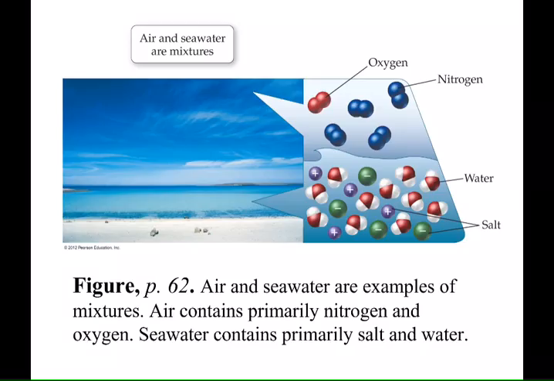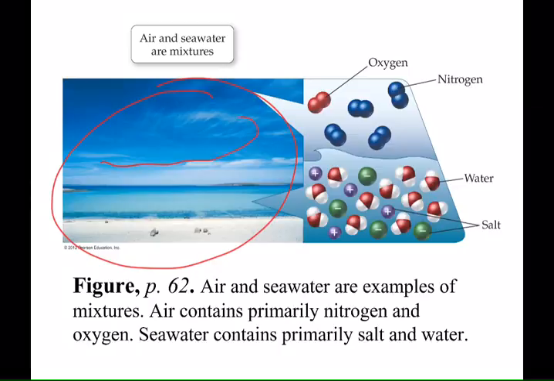So here is an example of a mixture in this picture. This is a figure from your textbook. I think this is pretty cool. So air, you don't have to be in the ocean to be in a mixture. Air actually is mostly nitrogen, go figure. It's about 80% nitrogen and about 20% oxygen.